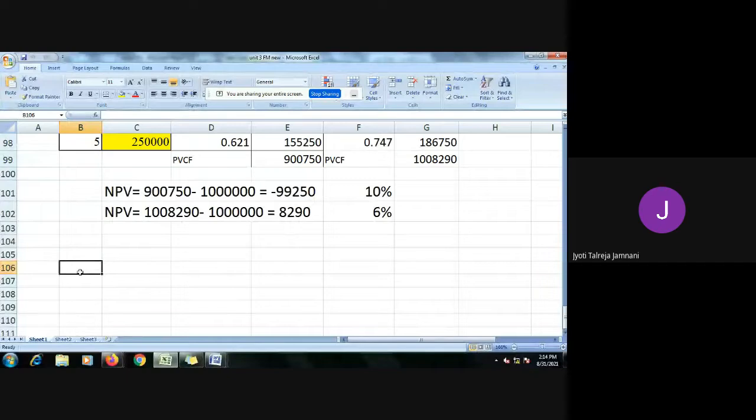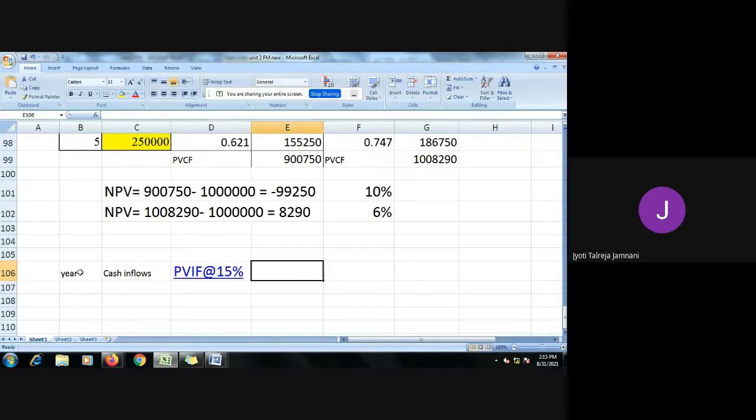In the first column we write year, then we have cash flows or cash inflows, then present value interest factor at 15%. So 15% is the rate that we are going to consider, and then present value of cash flows.